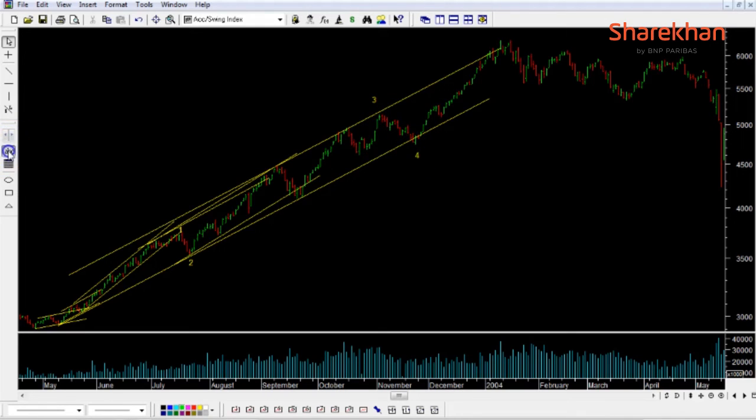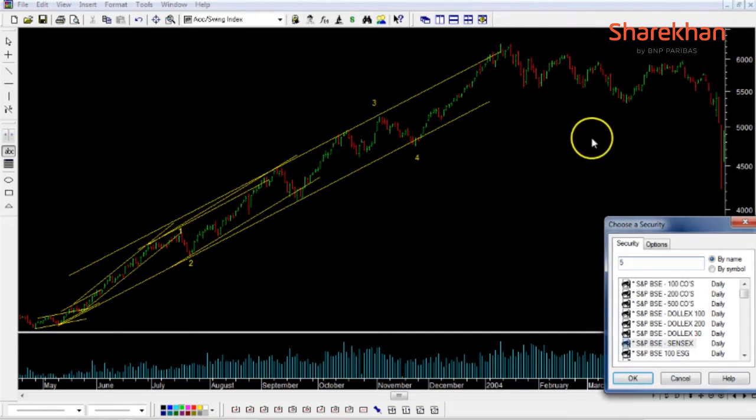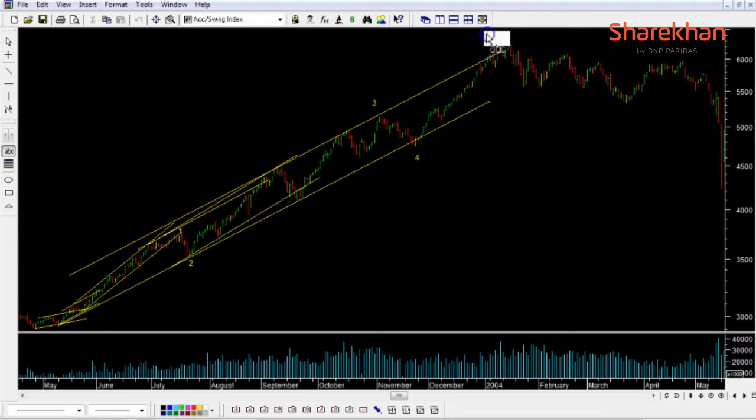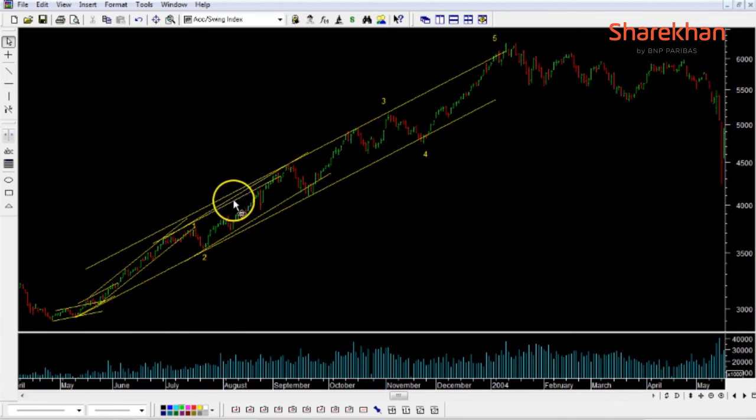This entire 6-month advance in the market, where the Sensex went from almost 3,000 to 6,000, doubling itself, was a 5-wave advance that ended up completing exactly at the top end of the channel. So this is why we are able to use trend channels along with Elliott wave analysis to project what our price targets are going to be.